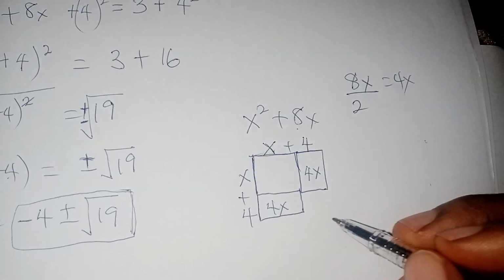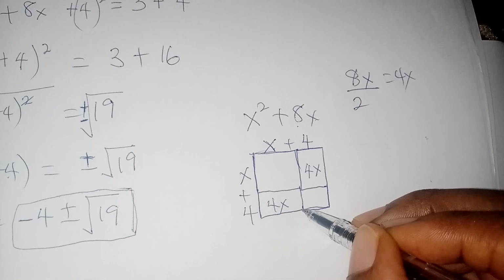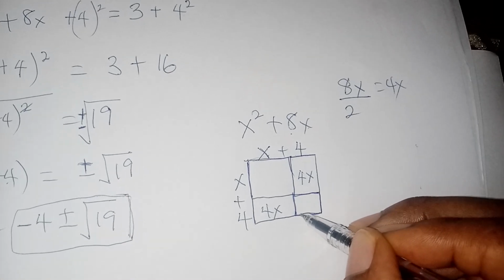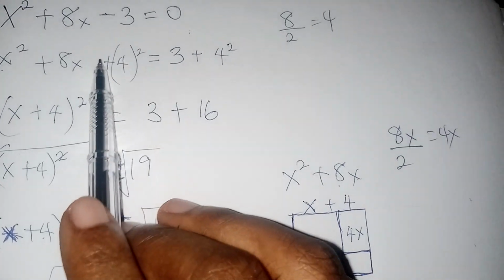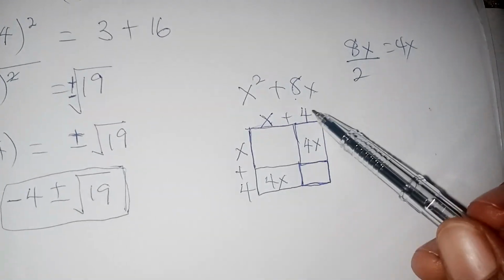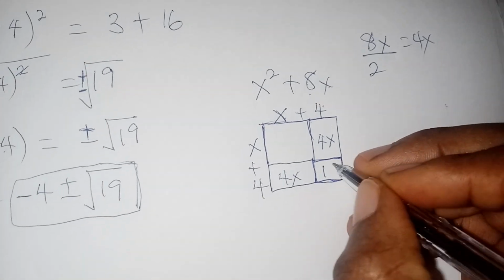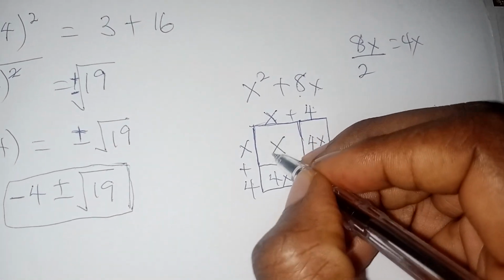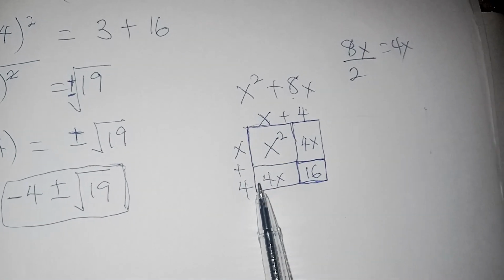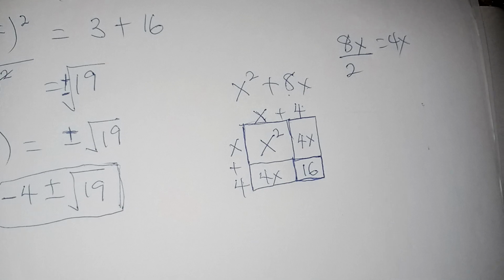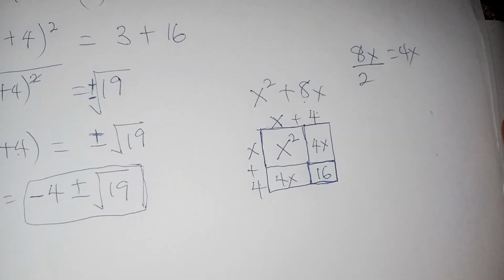Now what did you notice? We have a smaller corner, a smaller portion left, and that is this part that was left open. So how do we fill it up? By multiplying 4 by 4 to give us 16 here. Of course, this side is x squared. So can you see how we've completed the square? Perfect. So that's what gave rise to the completing the square method.